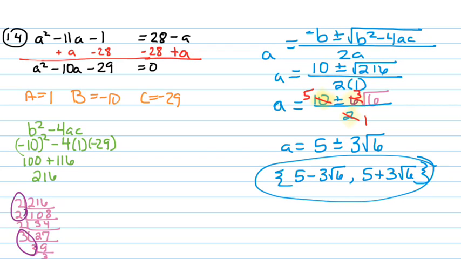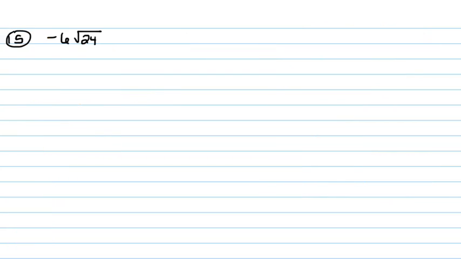The next set are just simplifying square roots, simplifying the quadratic formula after it's been plugged in. So on this next one, I need to simplify the 24. Divide it by 2, get 12. Divide it by 2, get 6. Divide it by 2, get 3.